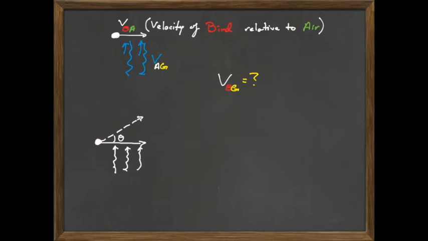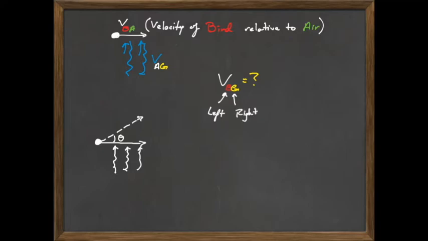You'll notice that we have velocity of bird to ground, we have velocity of the air to the ground, and of the bird relative to the air. So notice the two letters that we are looking for. Velocity of bird to ground. Also notice the B is on the left, the G is on the right.